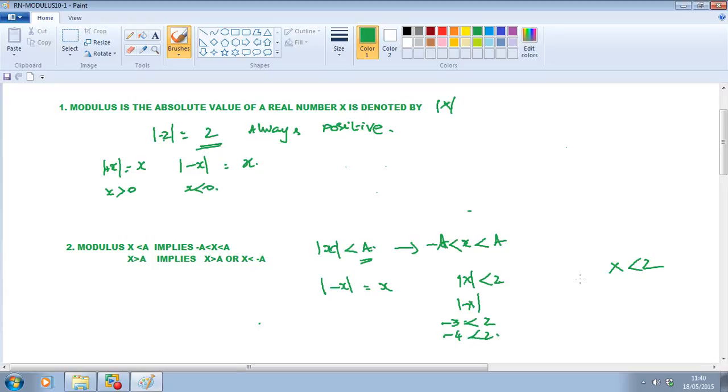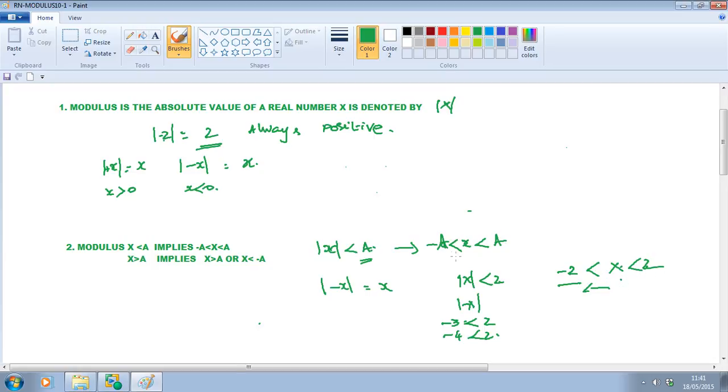So exactly it means x varies between minus 2 and 2: x is less than 2 and x is greater than minus 2. If you look this way, it comes like this: minus a is less than x is less than a.